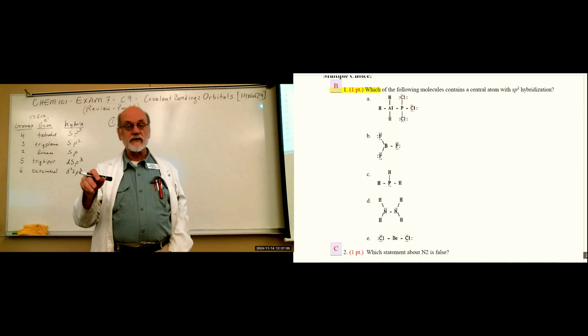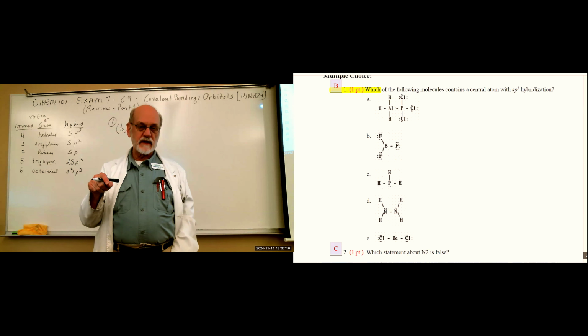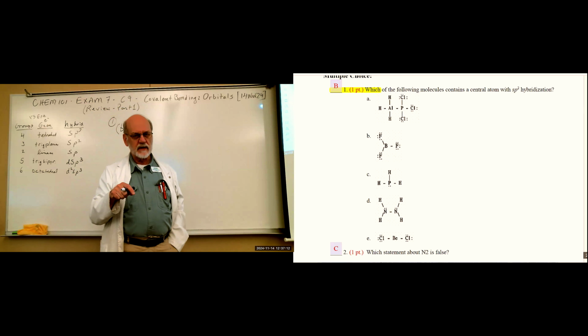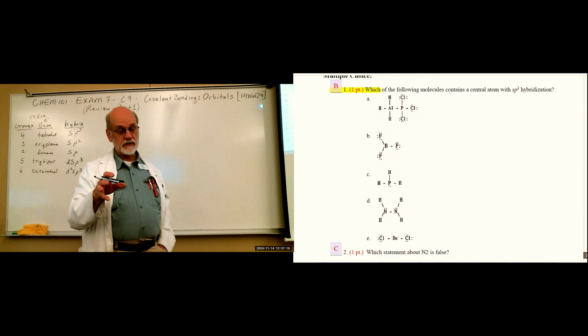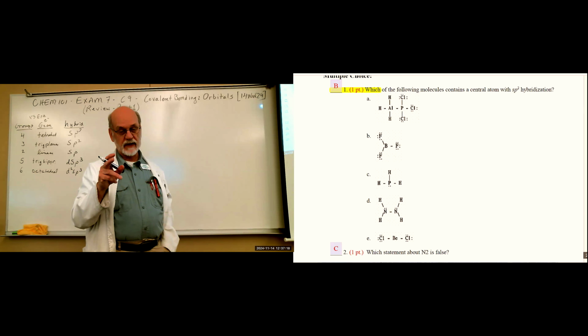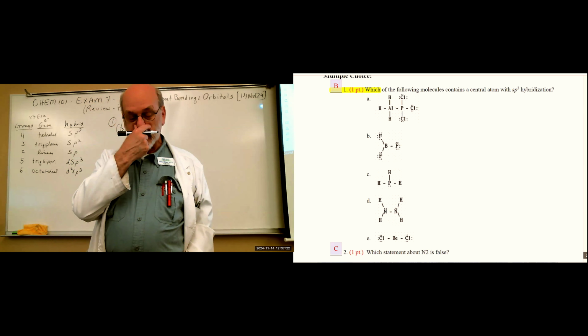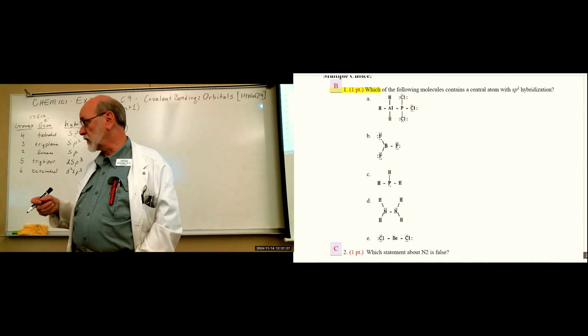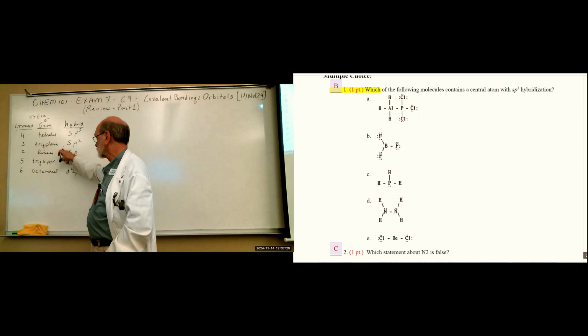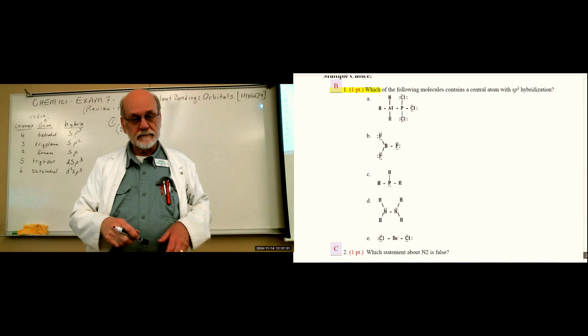It has 3 atoms, but it has a lone pair. And also for the hydrazine, the N2H4 of D, you've got 4 groups with a lone pair making up the difference on each of those nitrogens. And then the beryllium dichloride has only 2 groups, so it has to be linear and sp hybridized.